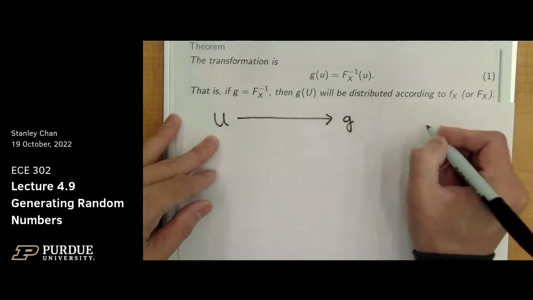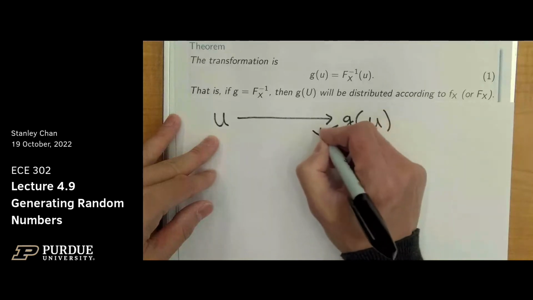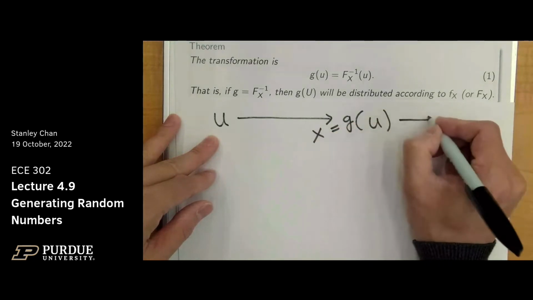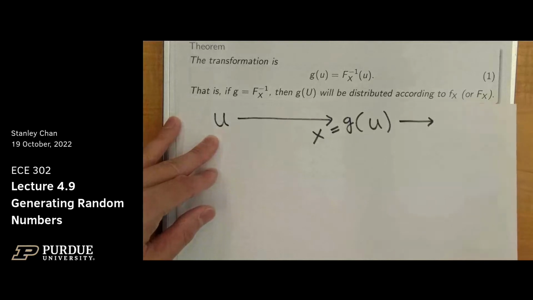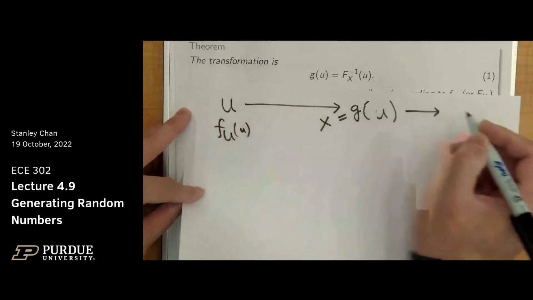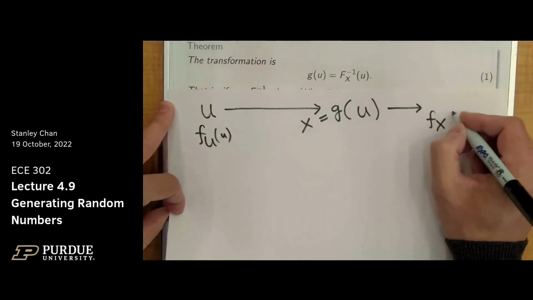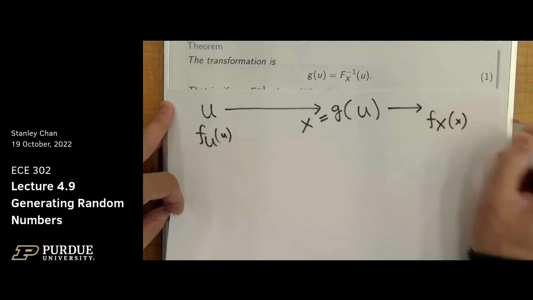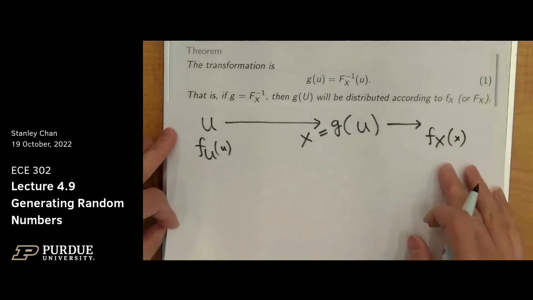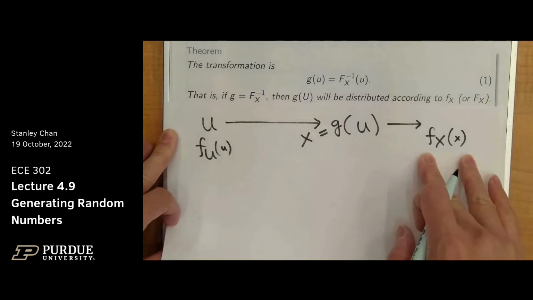There's a g. g will take a U, and then it will give you an X. And this X will have a new distribution f_X. You want to go from the uniform random variable to the new random variable X.